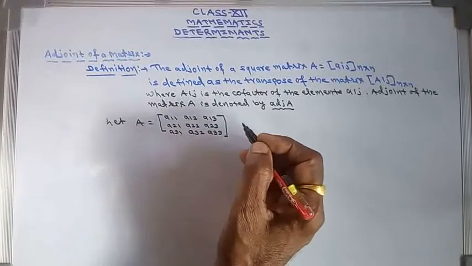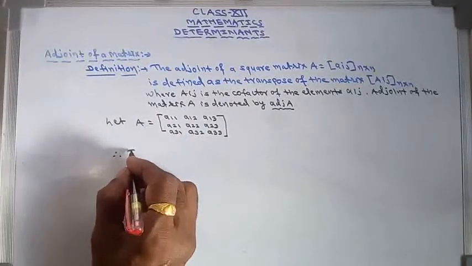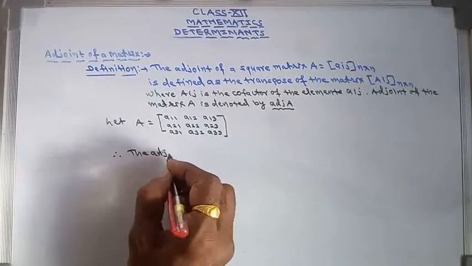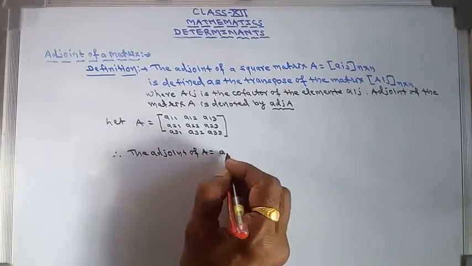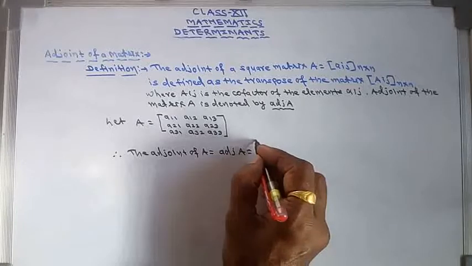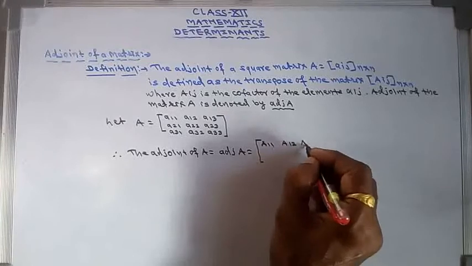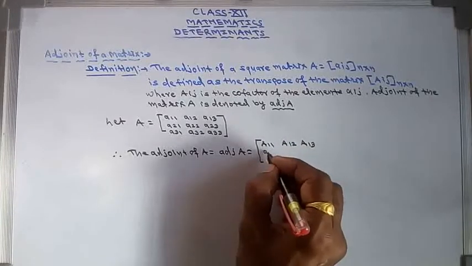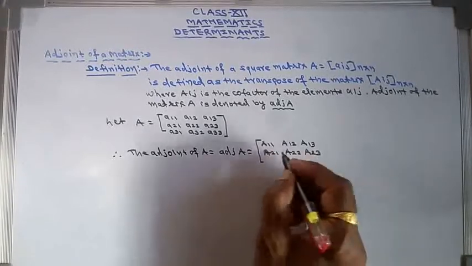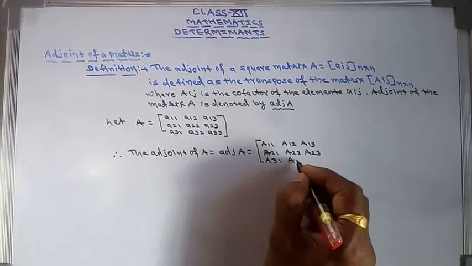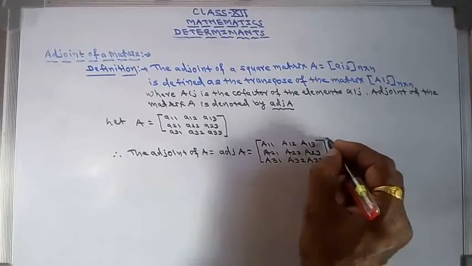This is the given matrix, this is the capital A. Therefore, the adjoint of capital A, that is adjoint of A, will be equals to, write A11, A12, A13, A21, A22, A23, A31, A32, A33 and its transpose.